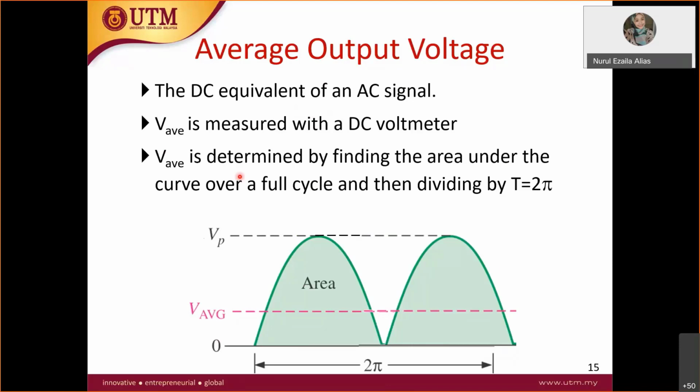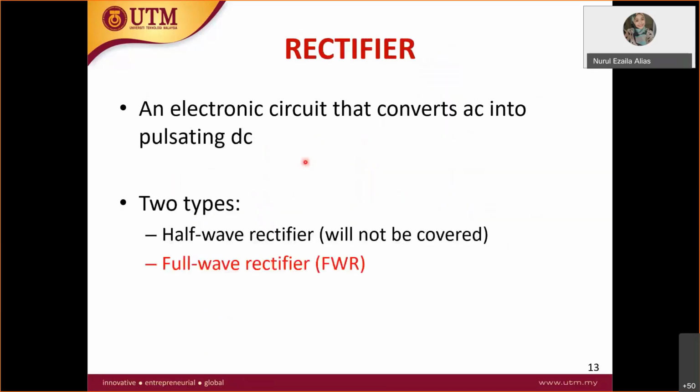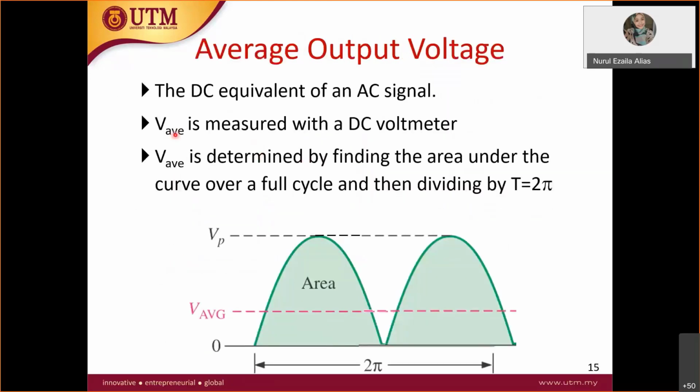The final voltage we call V average. V average means, if you have a rectified signal like this, what voltage are we going to take as the DC voltage? This we call V average.